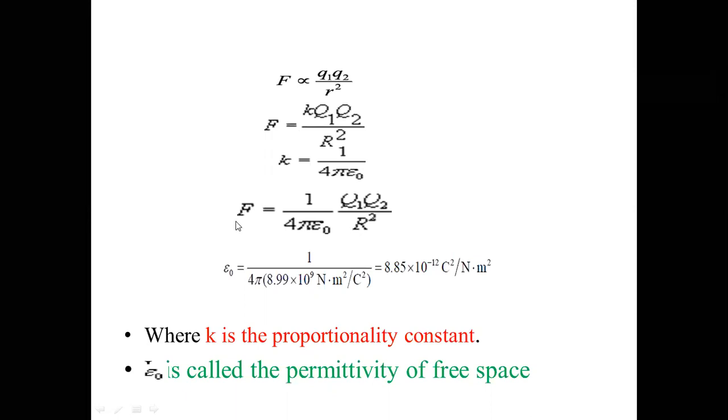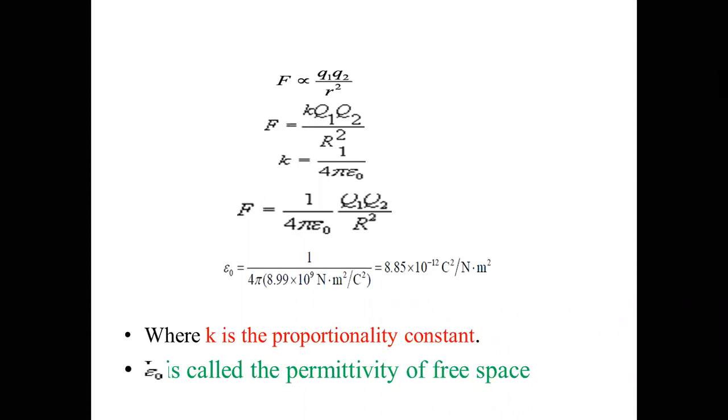So in short, F becomes 1 upon 4 pi epsilon 0 into Q1 Q2 divided by R square, where epsilon 0 is called the permittivity of free space. What is its value? Epsilon 0 is 8.85 into 10 raised to minus 12.